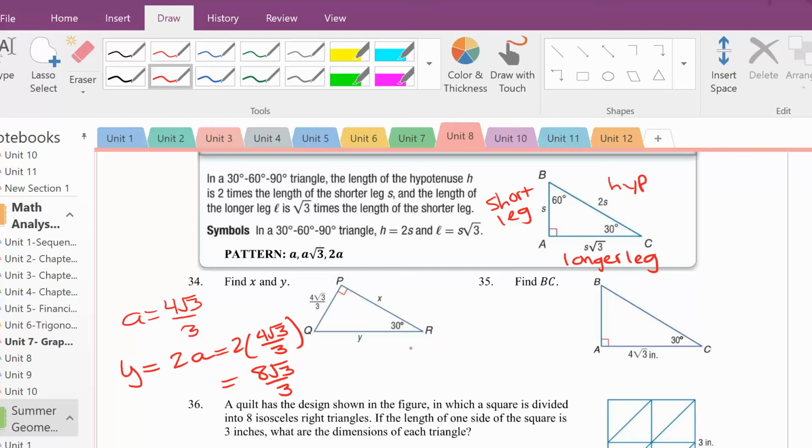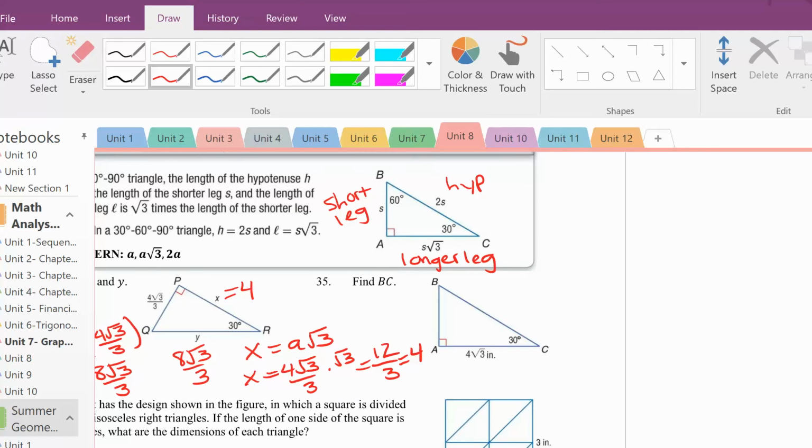For X, that's A rad 3, so that's equal to 4 rad 3 over 3 times rad 3. Rad 3 times rad 3 is 3, and times 4 is 12 over 3, which is equal to 4. So X is 4, and Y is 8 rad 3 over 3.